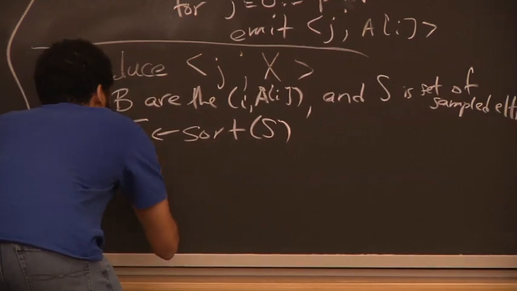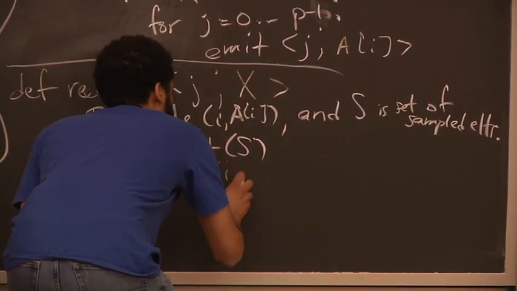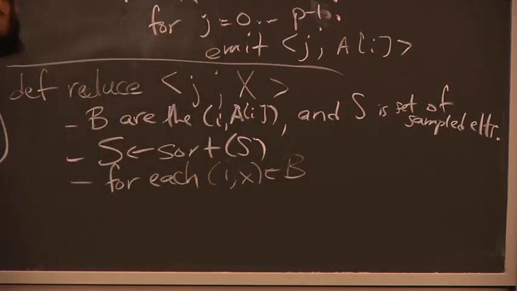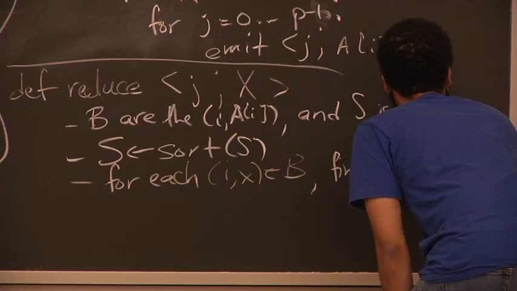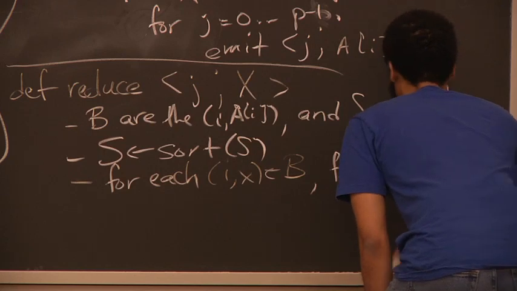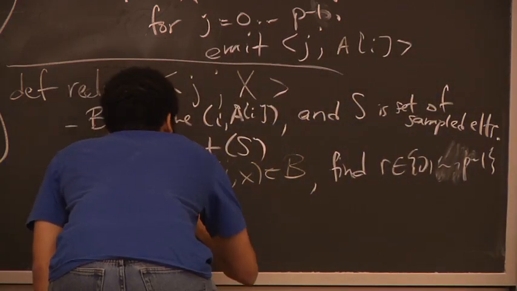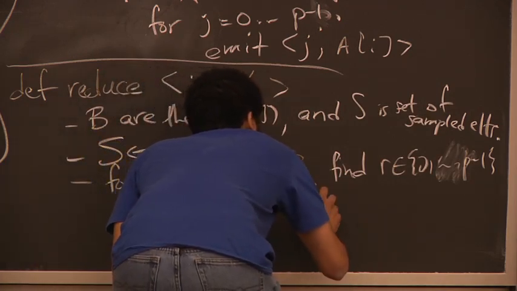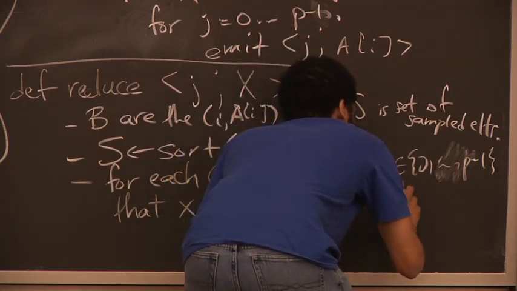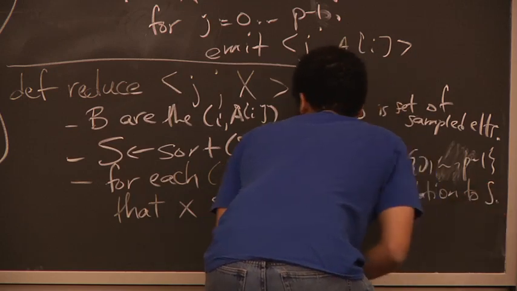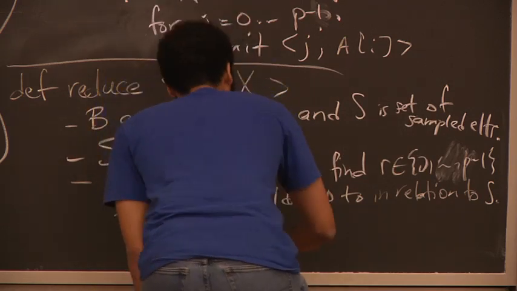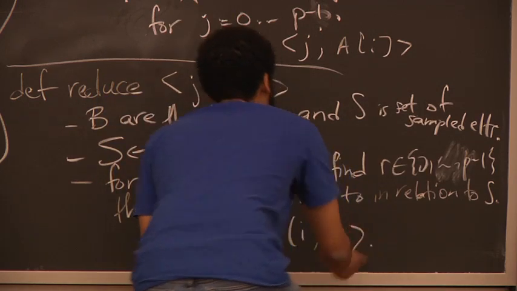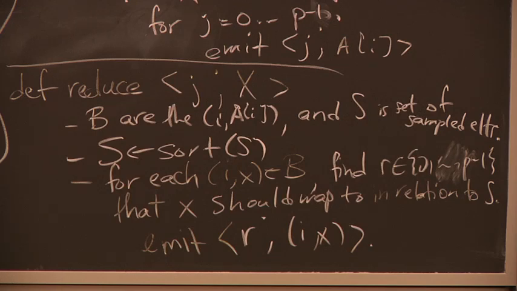Now, for each (i, x) in B, find some r in 0 to p minus 1 that x should map to in relation to S. And I'm going to emit r together with (i, x). So the reducers have two jobs.